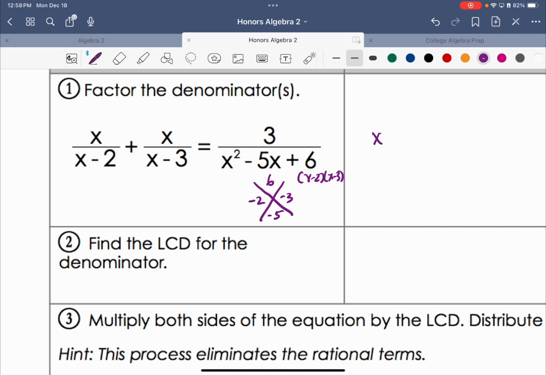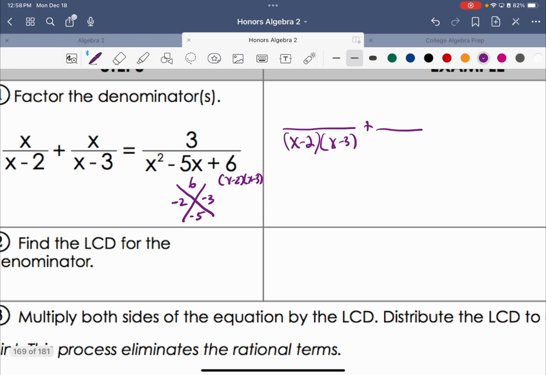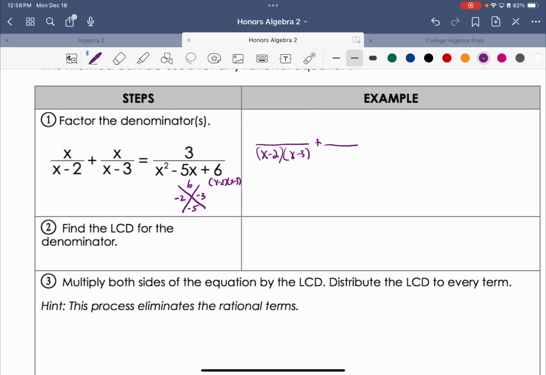So my common denominator is x minus 2 and x minus 3. Because of how I have this set up, I got to shrink things down here a little bit. That's x minus 2 and x minus 3 equals x minus 2 and x minus 3.